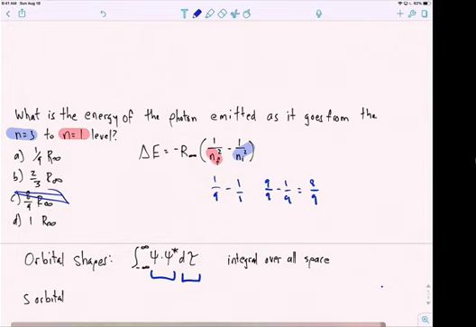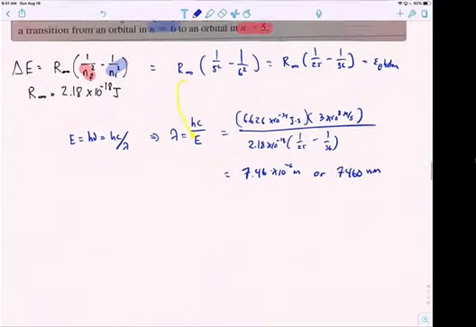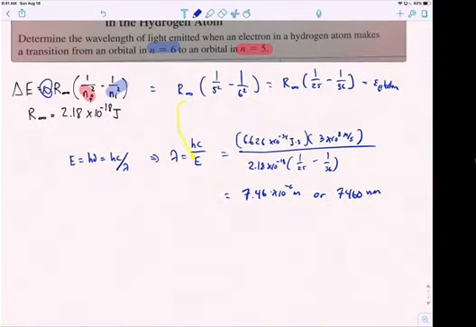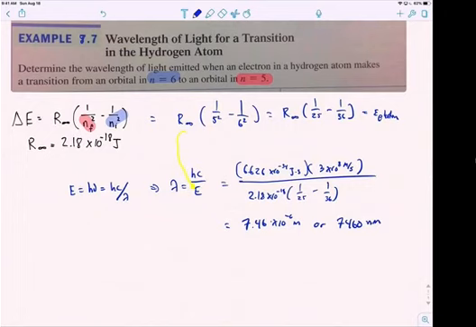Okay, so the next question is, why did I put a minus sign here, and why did I not include a minus sign here? So that's the delta E for the photon. I told you one of the things I think about is where the energy is going. So the energy of the photon is going to be a positive number.